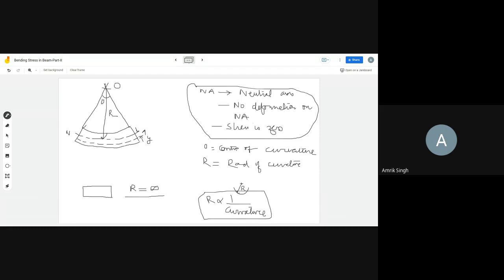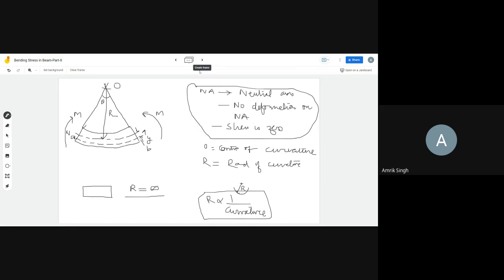This angle is theta. Okay. So if you apply the bending moment, let me take this point as A and this point as B. So this figure is clear to you.